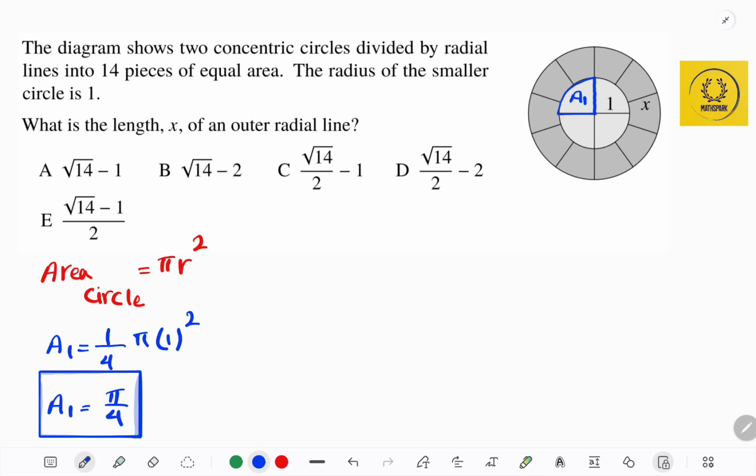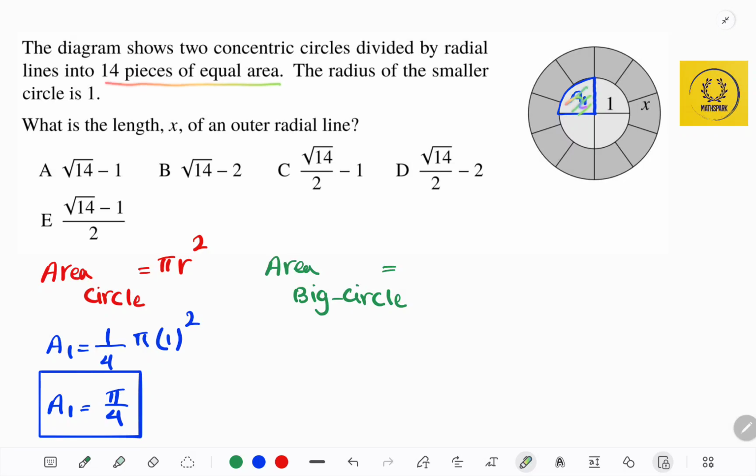I'm going to use this further, and then I'm going to find the area of the big circle. We know that this big circle consists of 14 pieces with equal area.